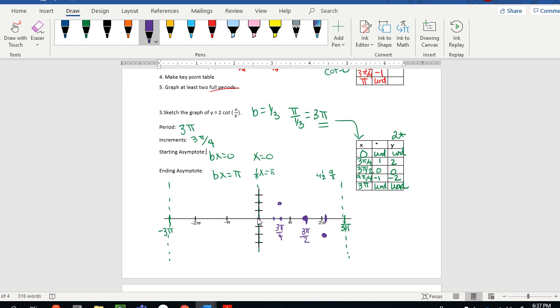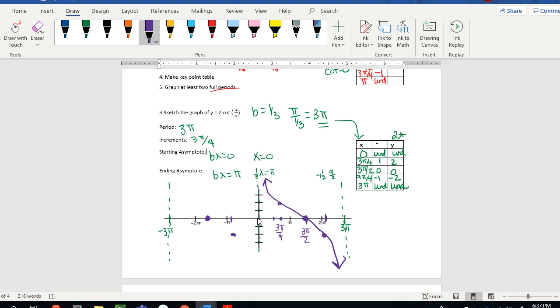And this is going to take off to infinity, come this way and down. Over here, I need my halfway point. That's where my 0 is. Halfway between here is here. This one's down at 2.